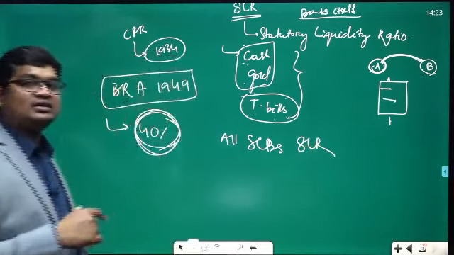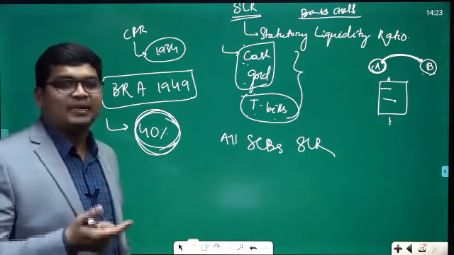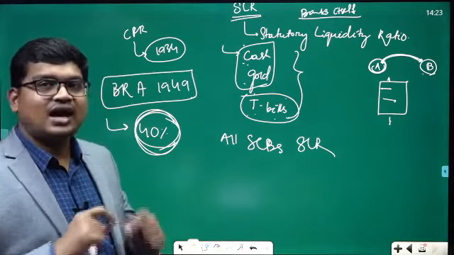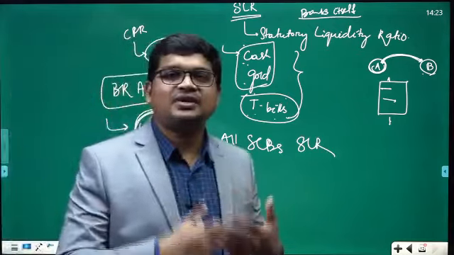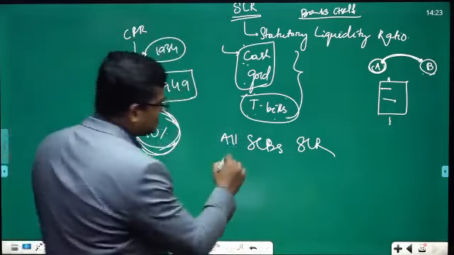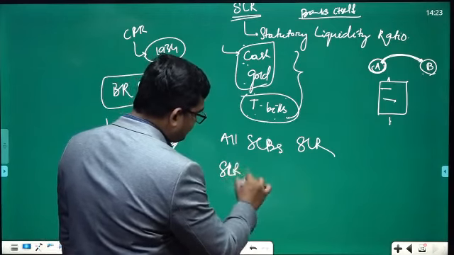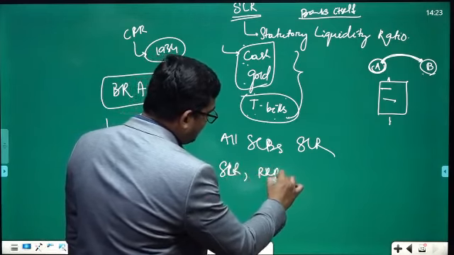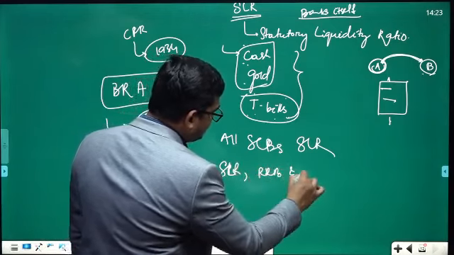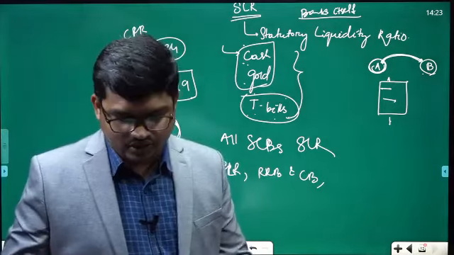And like RRBs and urban or cooperative banks, for which RBI can prescribe a special range or slab, the same applies in the case of SLR. For RRBs and cooperative banks, RBI can prescribe a separate slab of SLR. Okay.